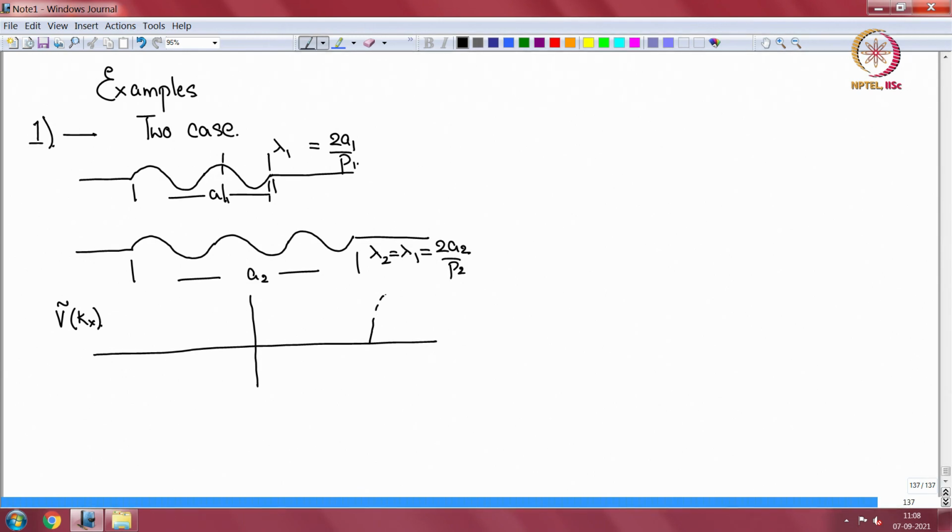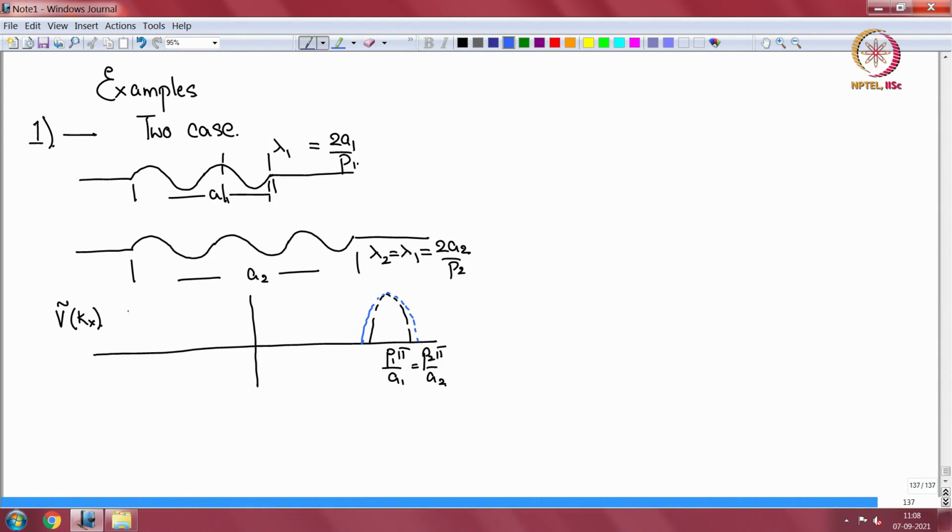In the main lobe, where it is P pi by A, or P1 pi by A1 or P2 pi by A2, the shorter one may have a wider picture. The shorter one has a wider picture.